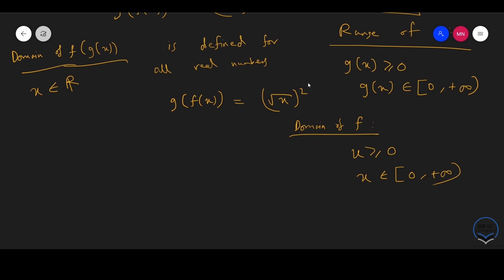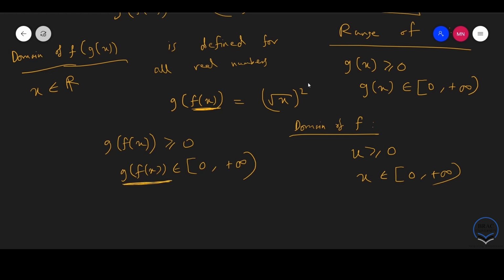Because of this, our values of x in the function f have to be non-negative. So the domain of g of f of x is always going to be non-negative: g of f of x is an element of the interval from 0 to positive infinity. So all non-negative numbers are in the domain of g of f of x.